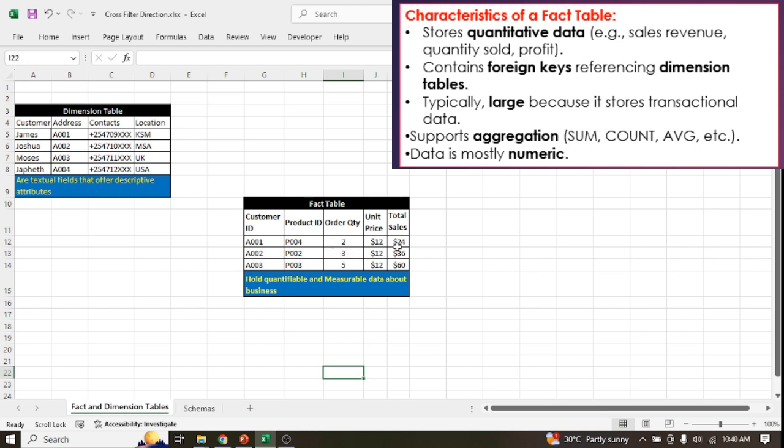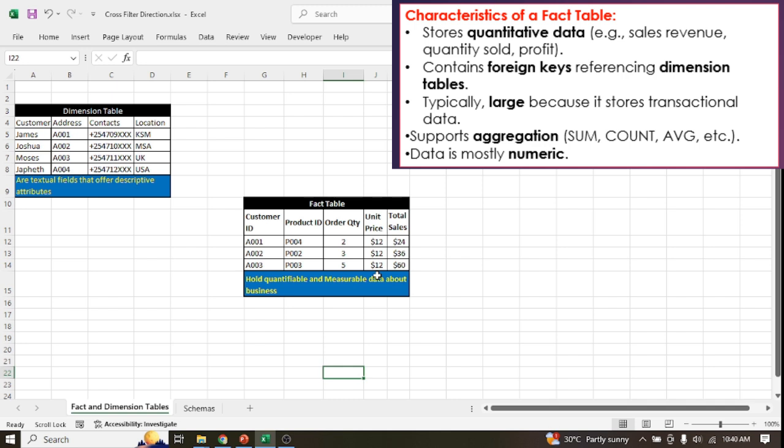And then we can also get the total amount of sales within that period per customer. So it supports aggregation, so we can sum, we can count, or we can get the average.